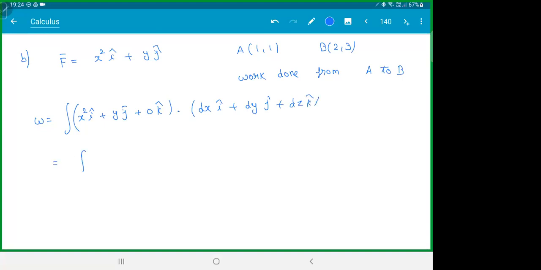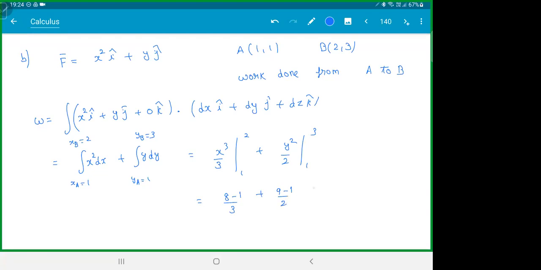So when you do the dot product, you end up with x square dx plus y dy. Here x values are going from xA, which is 1, to xB, which is 2, and y from yA, which is 1, to yB, which is 3. This would be x cubed by 3 from 1 to 2 plus y square by 2 from 1 to 3. That is 8 minus 1 by 3 plus 9 minus 1 by 2.